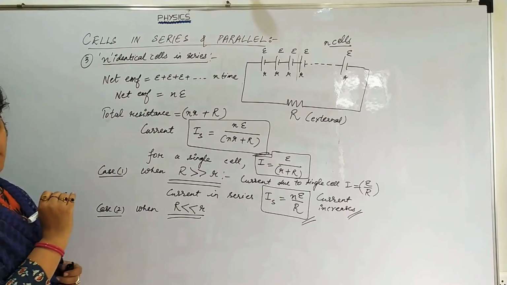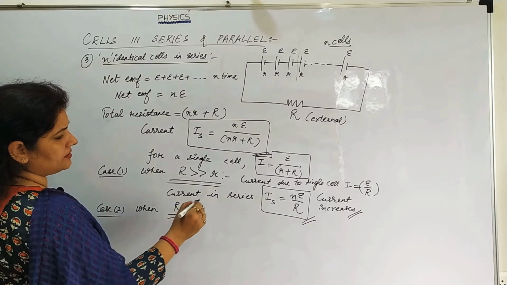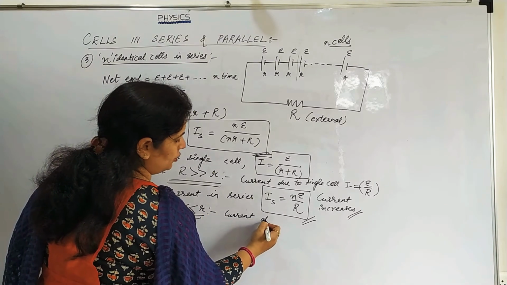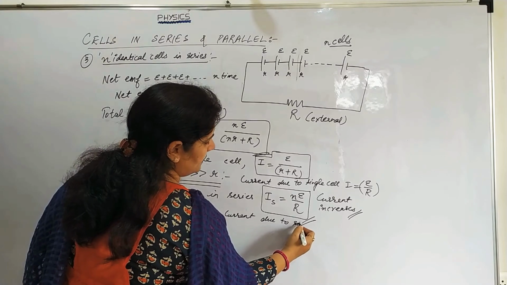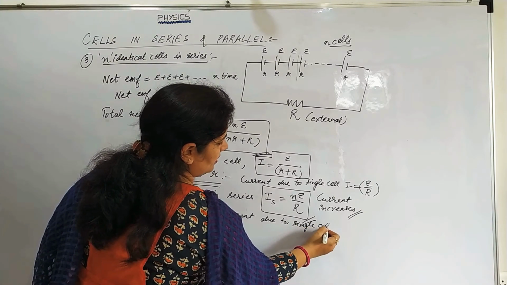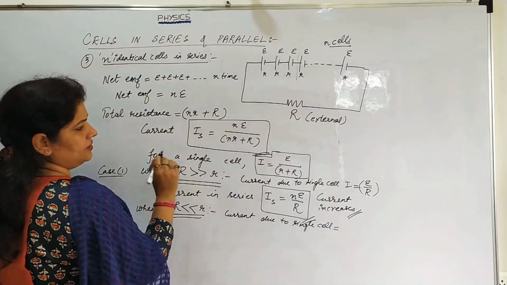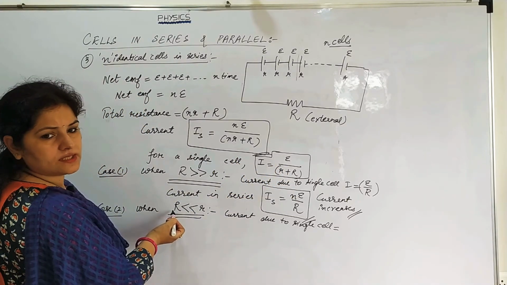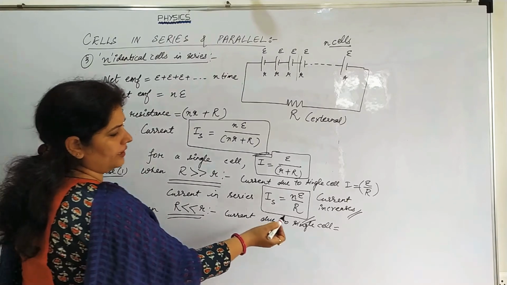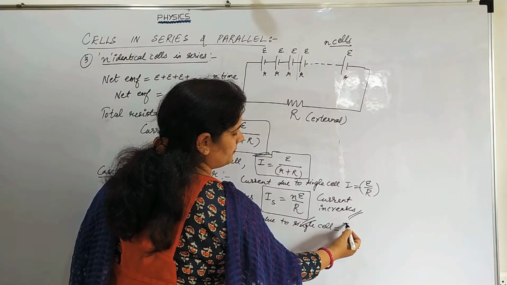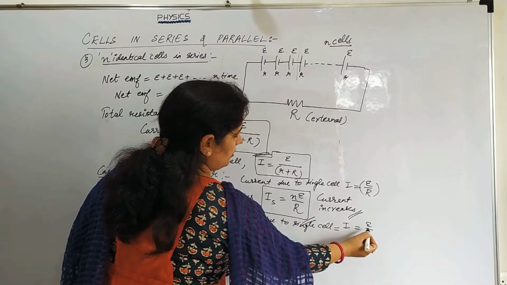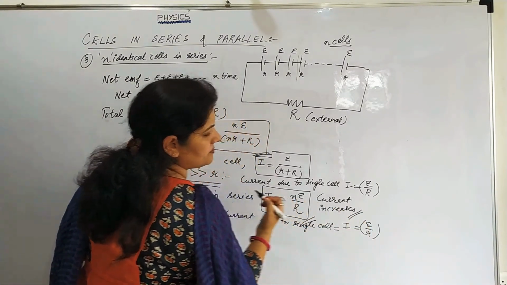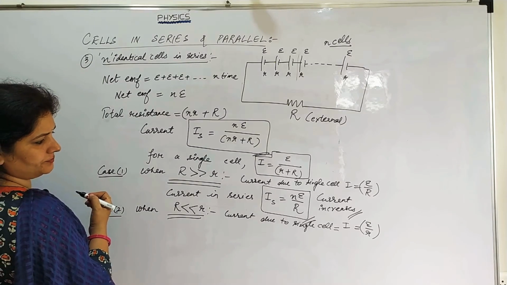So again we will find the current due to a single cell. The current due to a single cell is E upon R plus r. Now capital R could be ignored, so the current due to a single cell will become E upon small r.